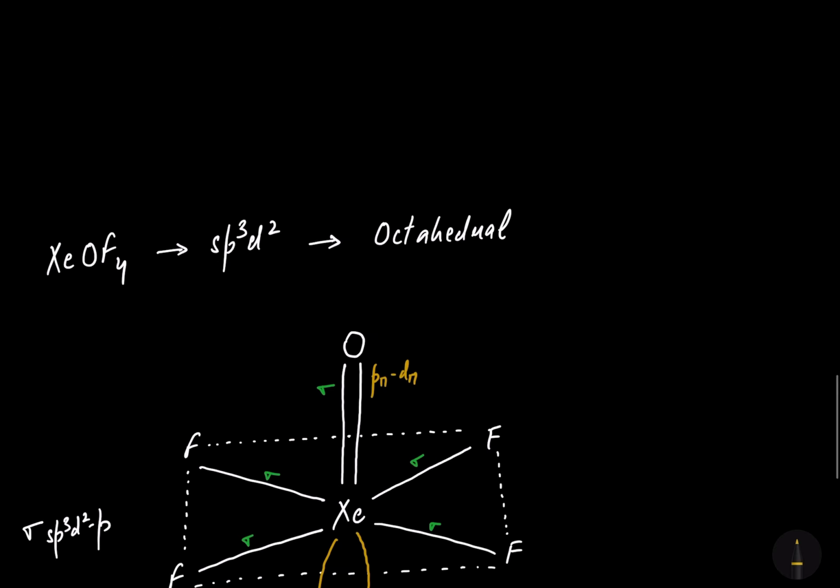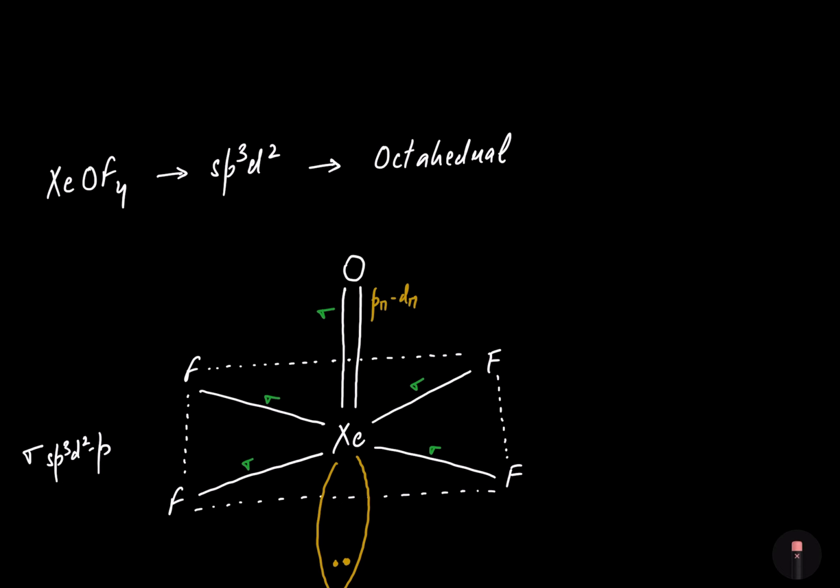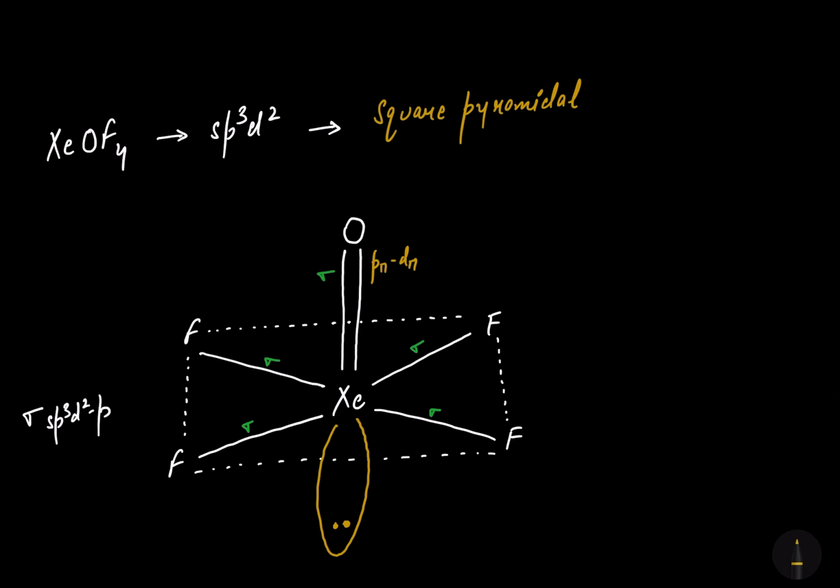So this structure will be termed as square pyramidal, not octahedral. So that's all about the hybridization of XeOF4, which is of the type sp3d2 containing 5 sigma bonds, 1 pi bond and 1 lone pair, and this will be termed as square pyramidal, not octahedral.